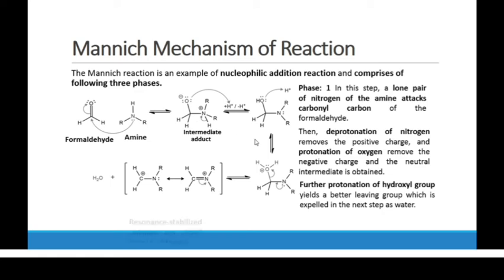Then we have a resonance stabilized iminium ion which is obtained. This is resonance, because if we have a double bond here, we don't have a positive sign on carbon, we have a positive sign on nitrogen. But if we remove this one, then nitrogen has 3 bonds and carbon has a positive sign.